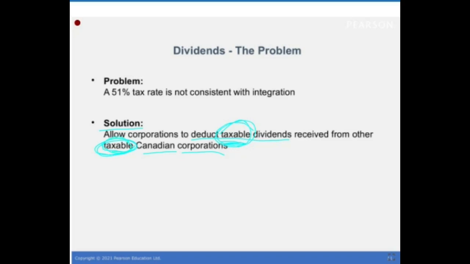So normally they would be taxable, but they're going between 2 Canadian corps. So we don't want to have that charged over and over again. So this does not include stuff that would come from foreign sources. Does not. This is specific to Canadian corps.